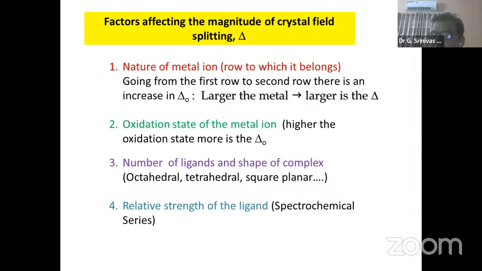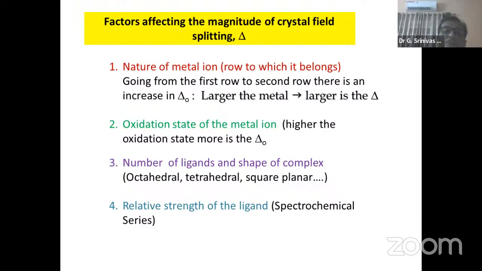Cyanide and carbon monoxide are relatively high field ligands, and the complexes formed with cyanide and carbon monoxide, that is carbonyls, will have higher CFSE values compared to the halides, oxalates, or even nitrogen containing ligands.